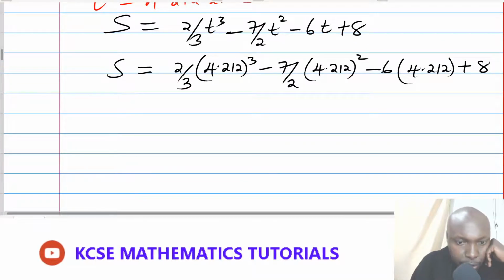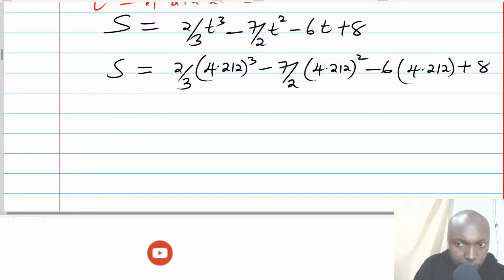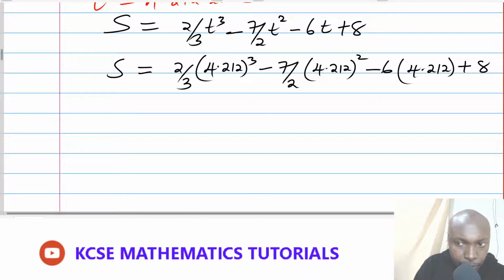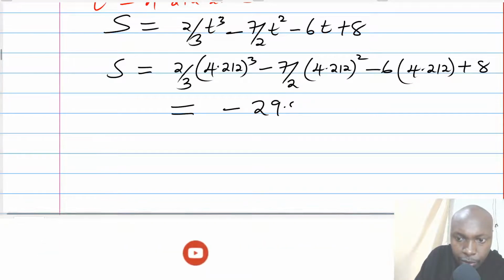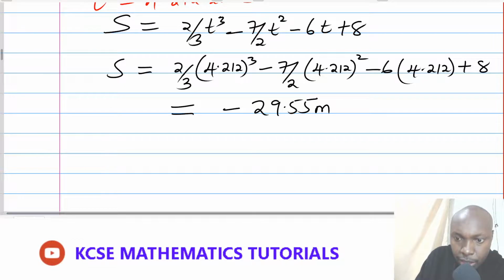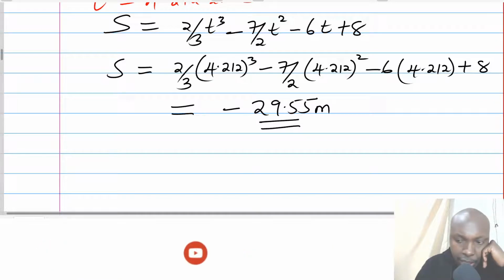We shall use the calculator to work this out. 2/3 times 4.212 cubed minus 7/2 times 4.212 squared minus 6 times 4.212 plus 8, you get negative 29.55 meters. So that is the displacement when the particle is momentarily at rest.